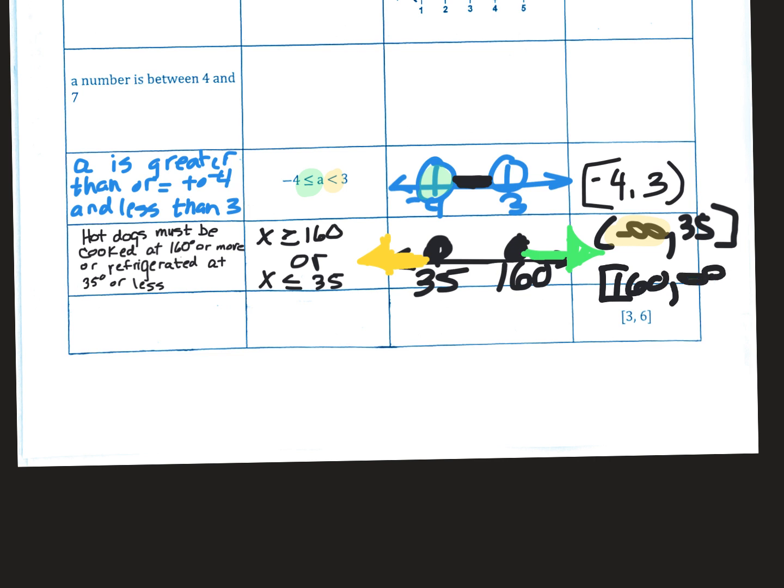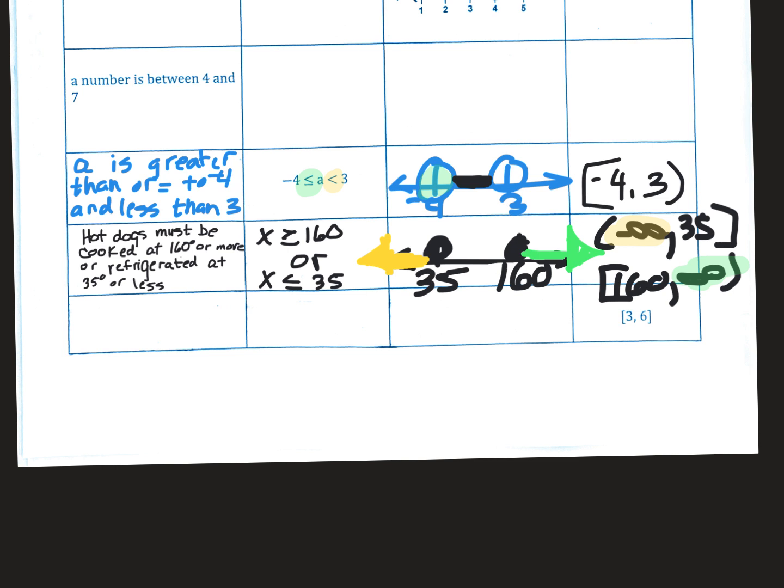Do we ever put a square bracket around infinity? No. So the 35 and the 160 have a square bracket because they were equal to. And the curved bracket is because you never put a square around infinity because it's a concept rather than a specific value. Now, I'm not 100% done.